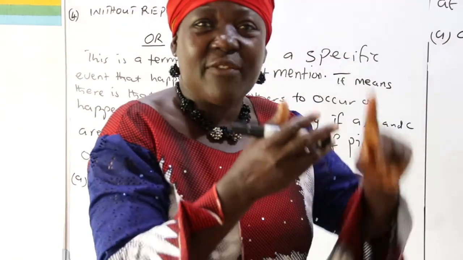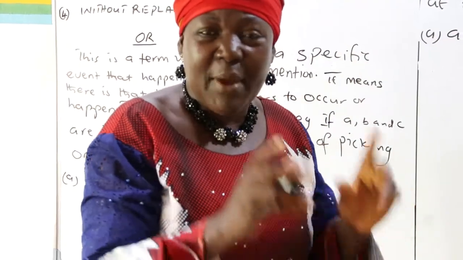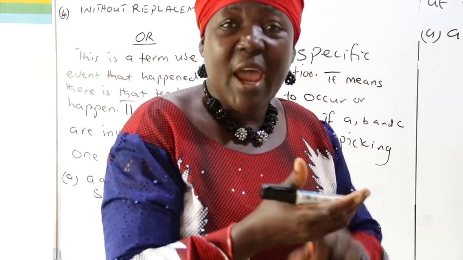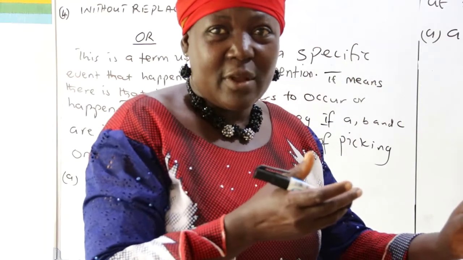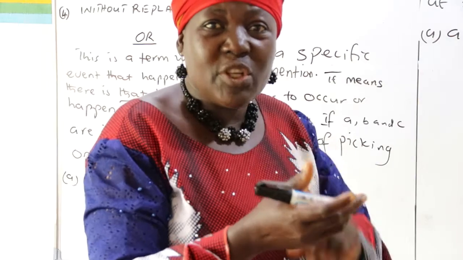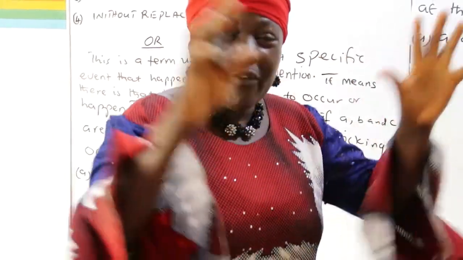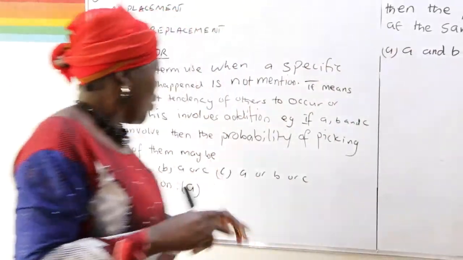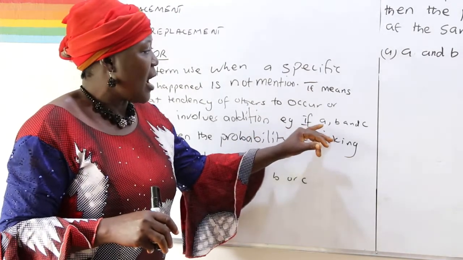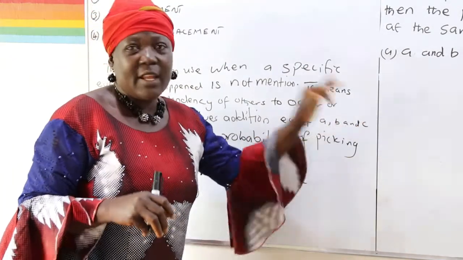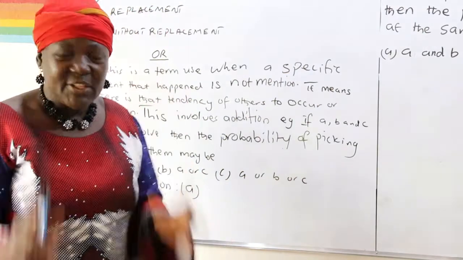You will always have your required outcome divided by the possible outcome. The required outcome is the item that has happened, and the possible outcome is the total number of the events involved. So the total number of events is 1, 2, 3, which is A, B, and C.